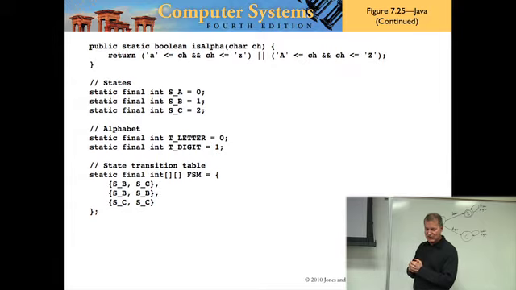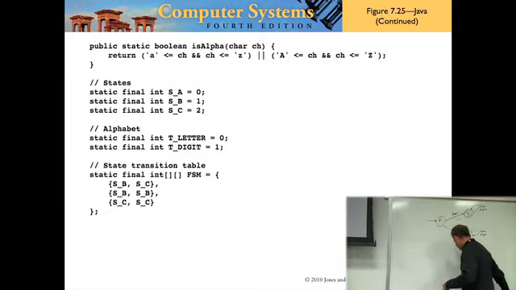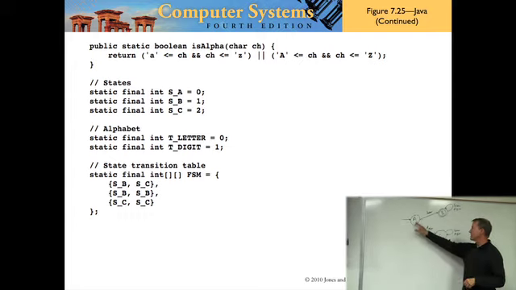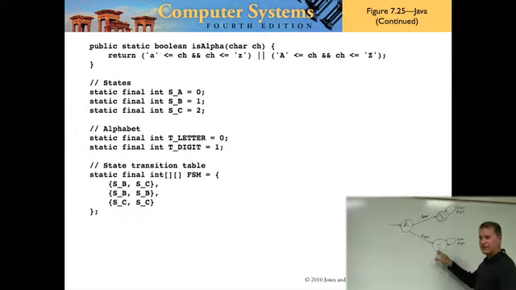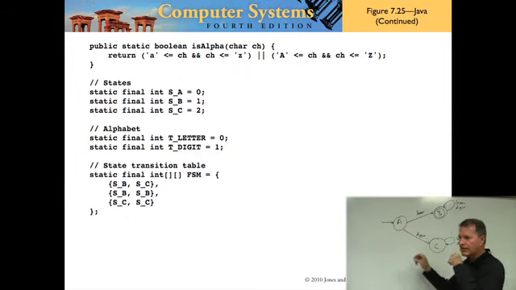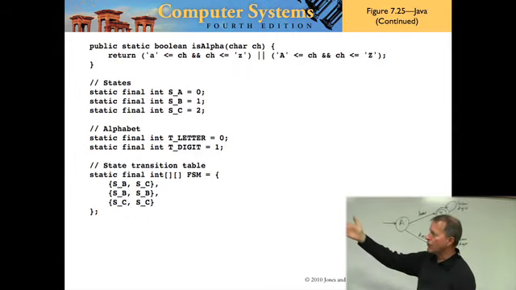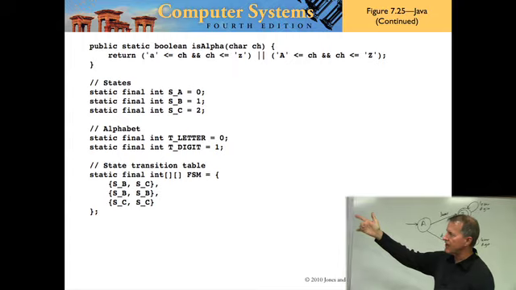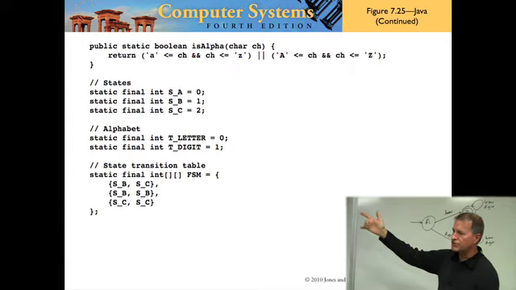And now you guys check this out. What states did we have here? Let's look over here. What did we call the states? A, B, and C. So how do we represent A, B, and C? They are integers.